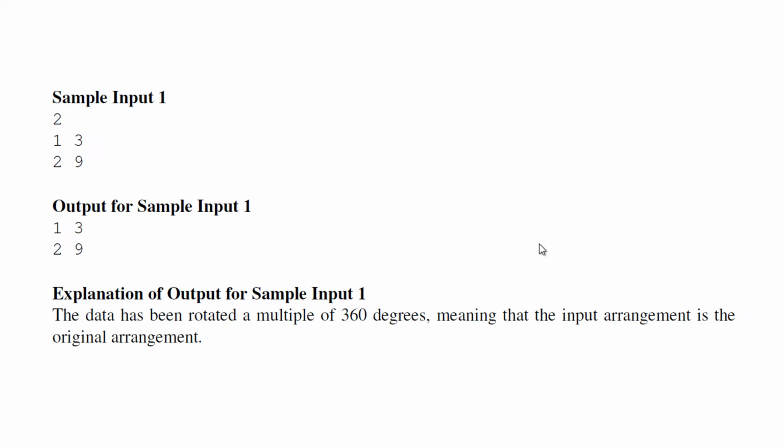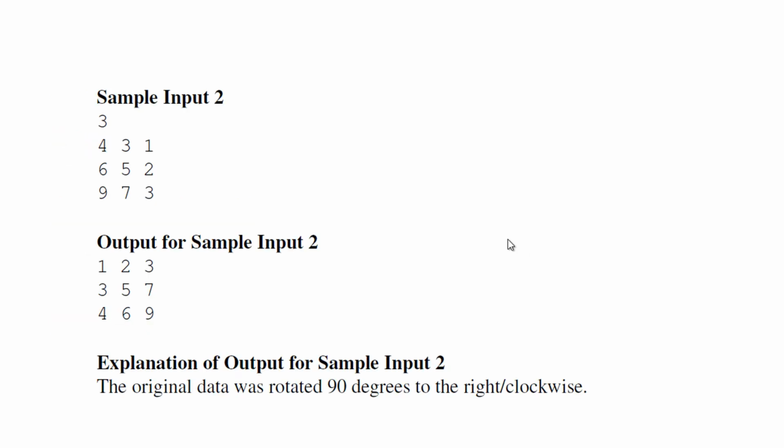And now sample input 2. And here we have an example of n as 3. Now you can see in this input, row-wise or column-wise. Column-wise, the numbers are still ordered well, but row-wise they are not. And in this case, we cannot consider the column-wise numbers good.